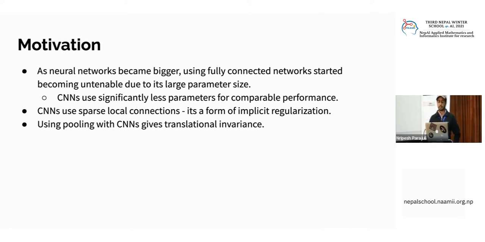And by making a network convolutional by design, you're already making a very strong implicit regularization, an inductive bias, which I talked about on the first day, about the structure of your data and the structure of your networks.